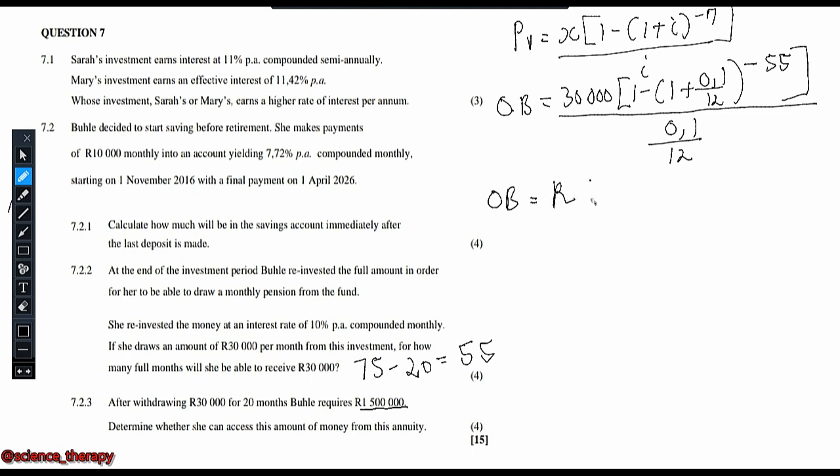Then we find that what's remaining in the annuity fund is 1,319,260.60 cents, right? Now from this, what conclusion can be drawn is the fact that she will not be able to access this money because it's not even in the annuity fund. This is what she's left with in the annuity fund.